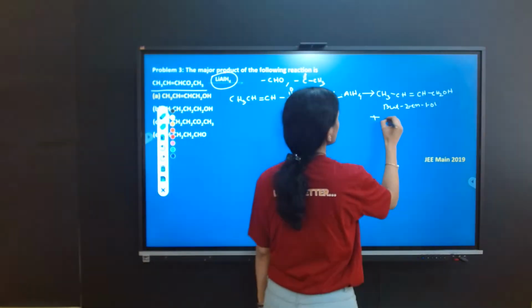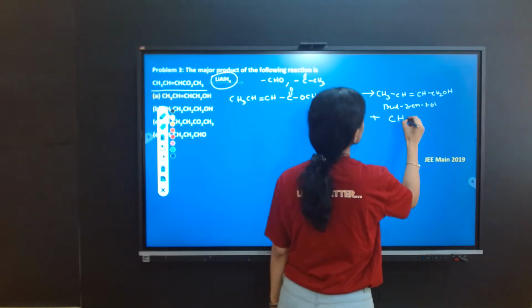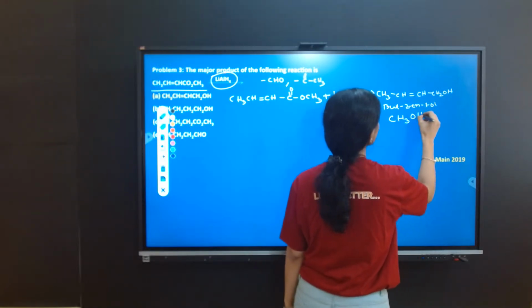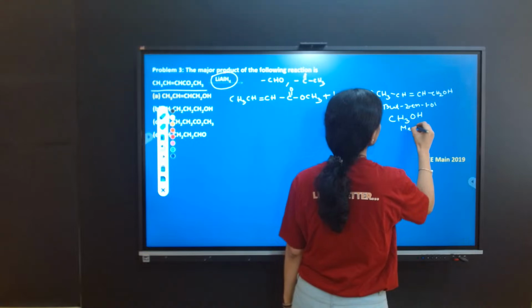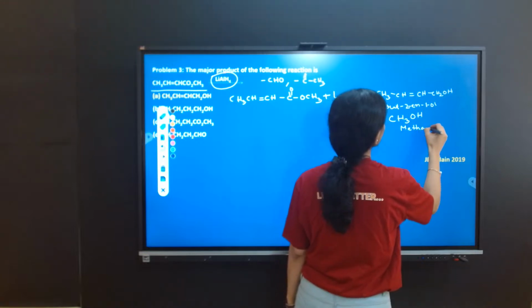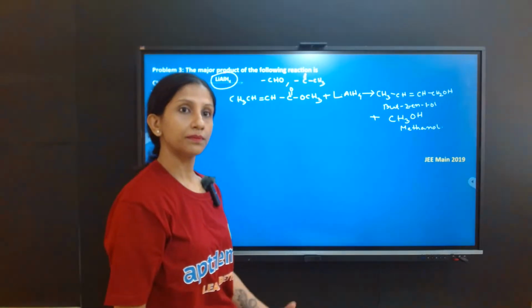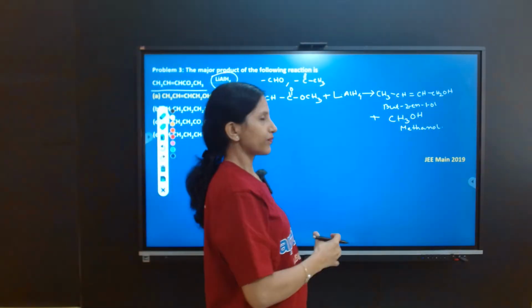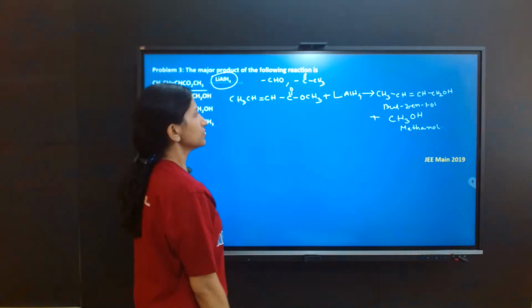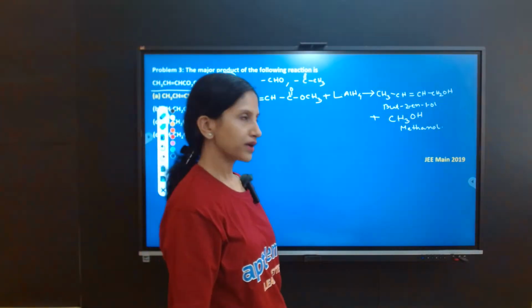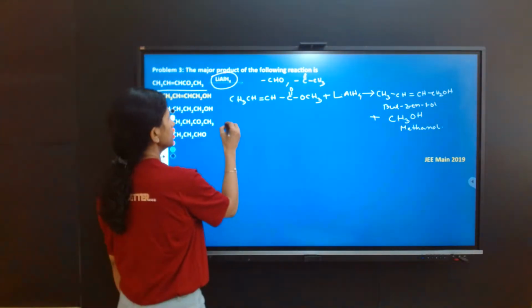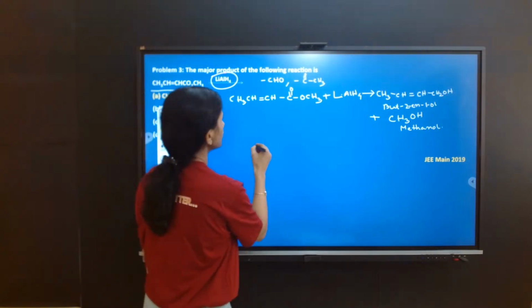And another alcohol will result, which is nothing but our methanol. Right. Now we have to find out the major product from the reaction, so we have to focus on the mechanism. So let's write down the mechanism of the reaction.